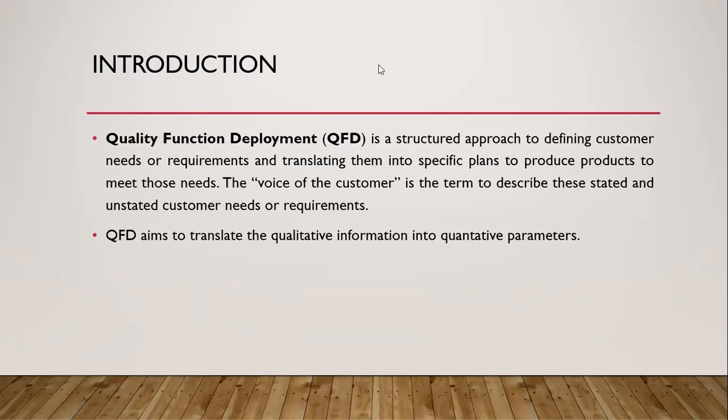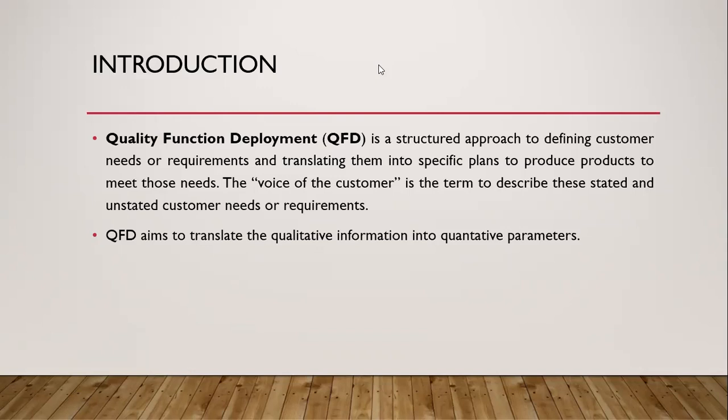Let us understand with an example with the basic definition. For example, you take a pressure cooker. What are the functional parameters for a pressure cooker? First thing, durability. Next, aesthetic appeal. Then usefulness, that is fitness for quality.